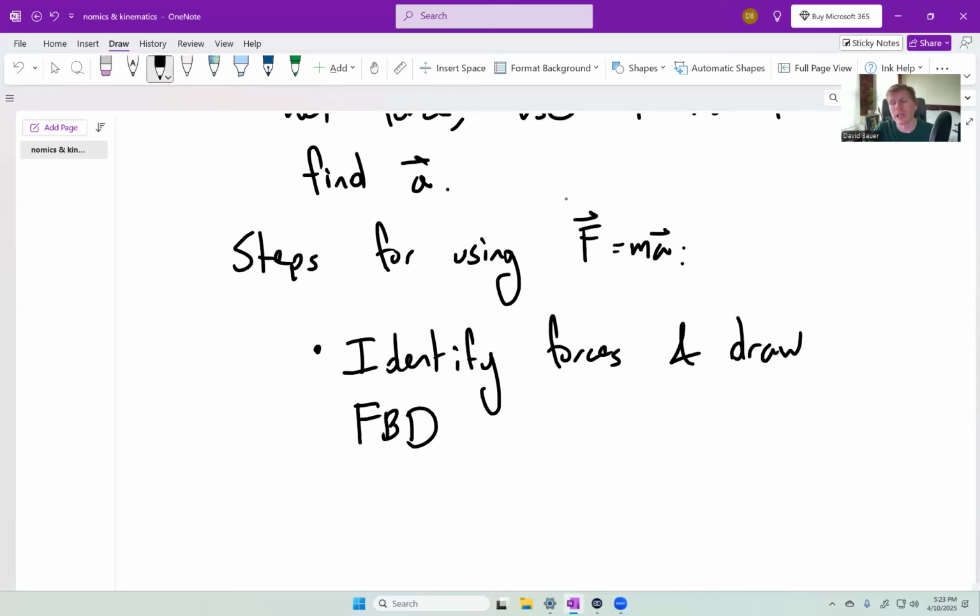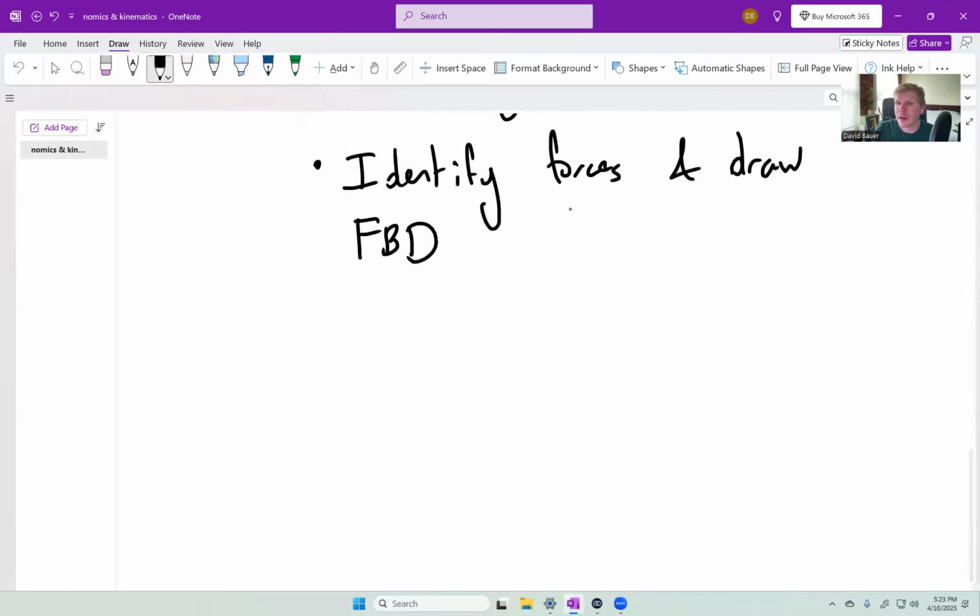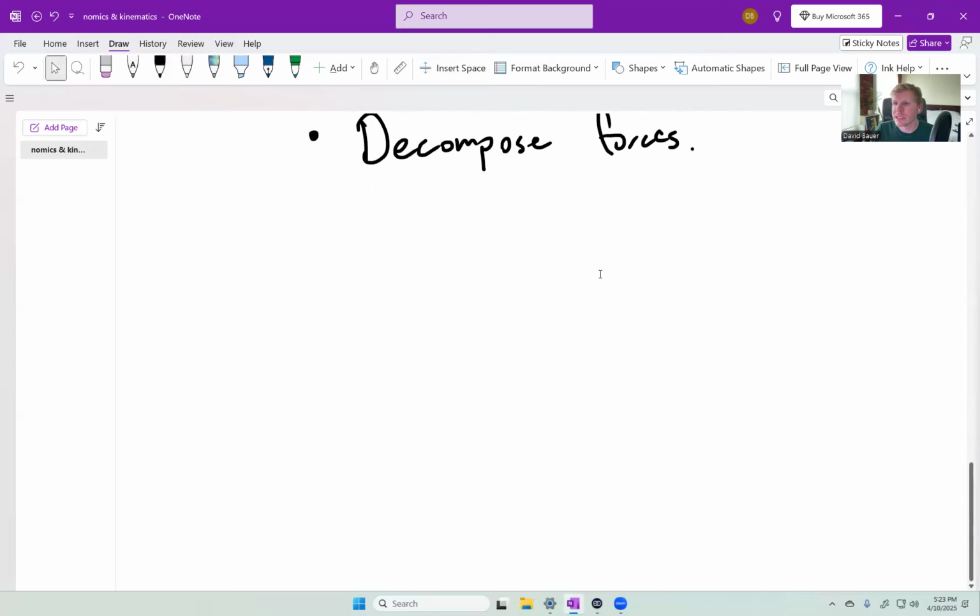That's going to help you organize the forces that you have. It'll show you the directions that the forces are pointing in. And that's important because you're going to need to decompose the forces in order to use Newton's second law, right? Once you have your free body diagram drawn, then you need to choose some coordinates and decompose the forces.